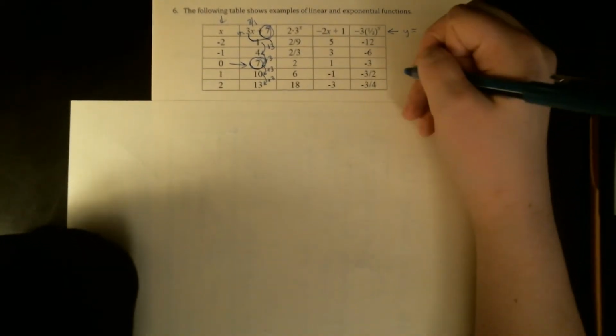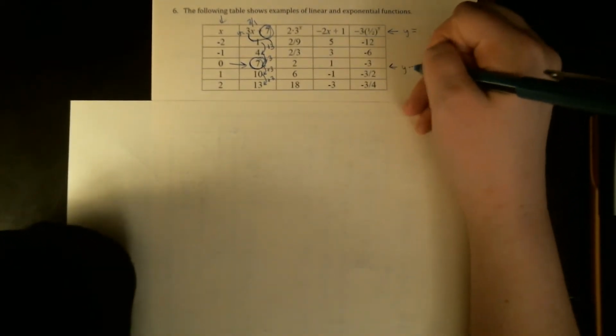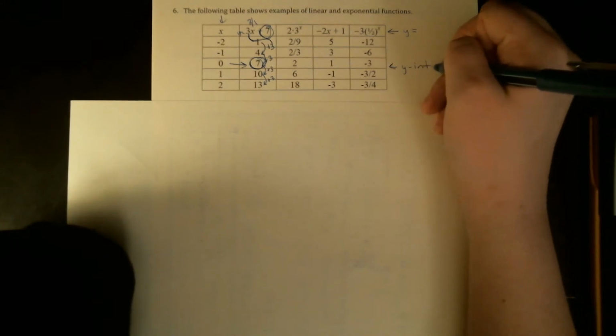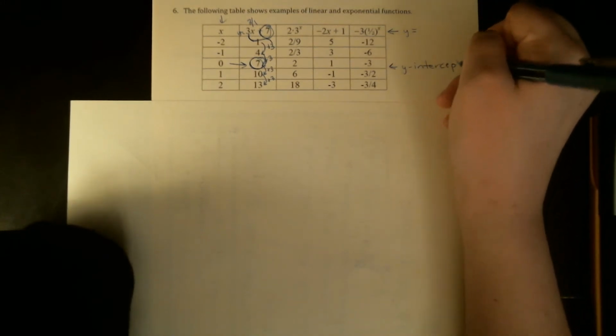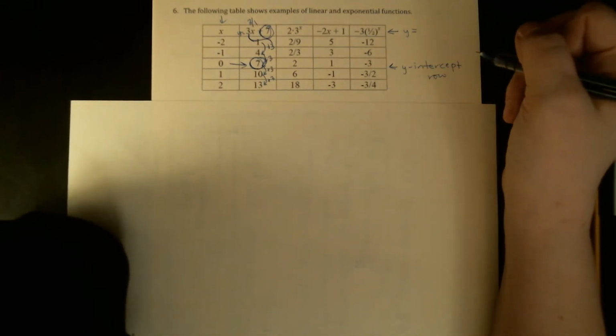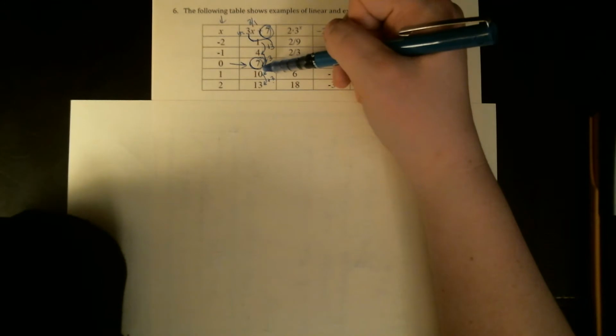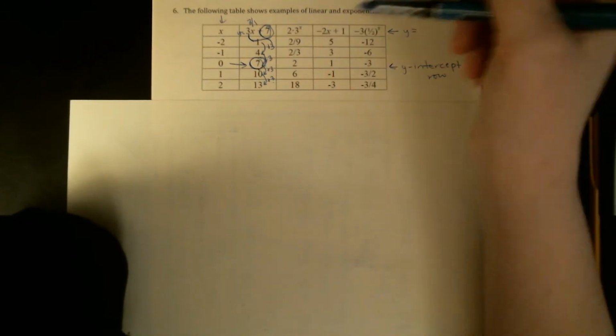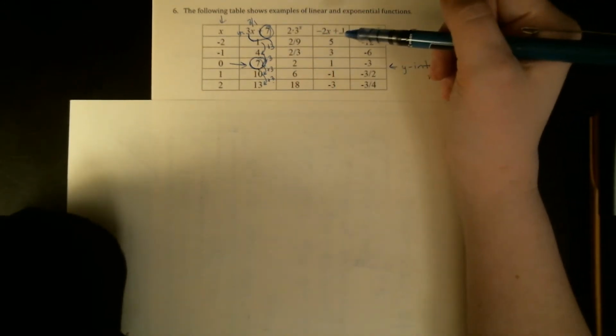So this row right here is the y-intercept row. Those are the y-coordinates of the y-intercepts of each function. So this is an increasing linear function. You see repeated addition, and you also see the y coordinate of the y-intercept sitting there at x equals 0.